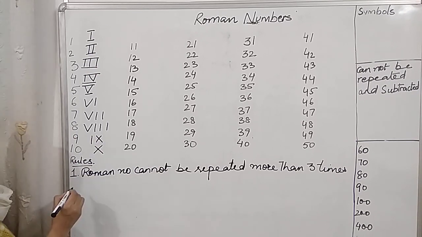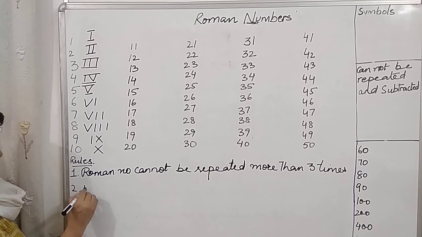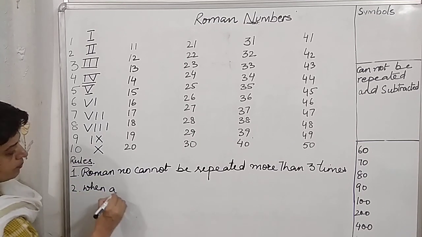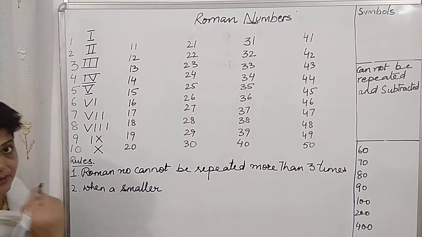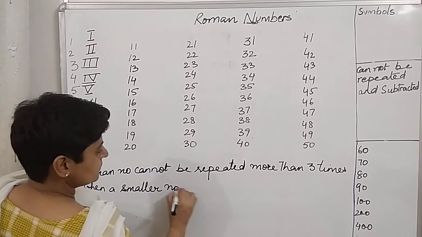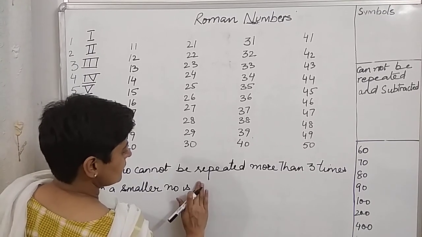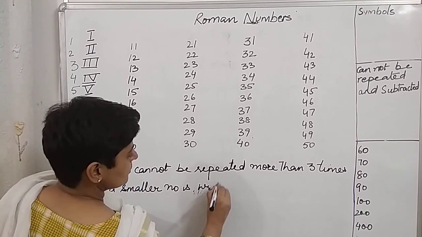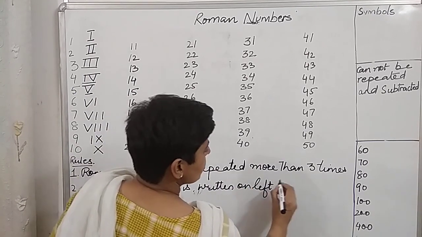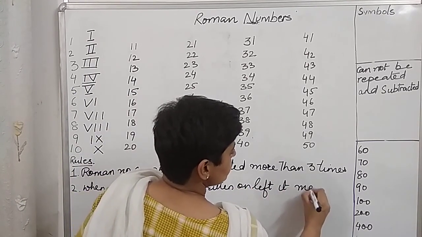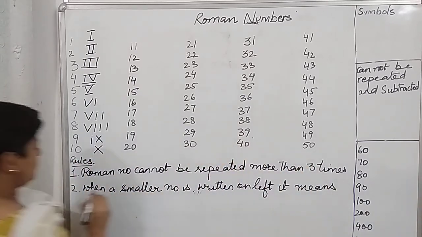So rule number 2 says, when a smaller number is written on the left of a bigger number, it means subtraction.